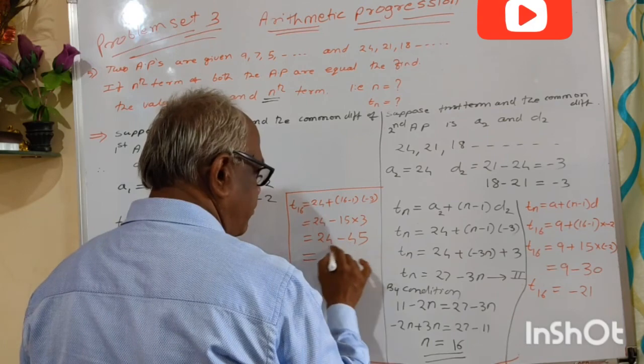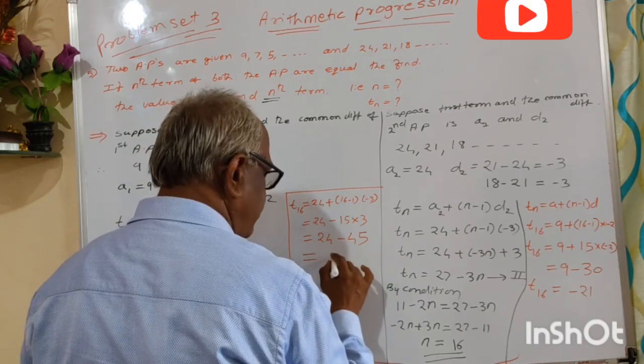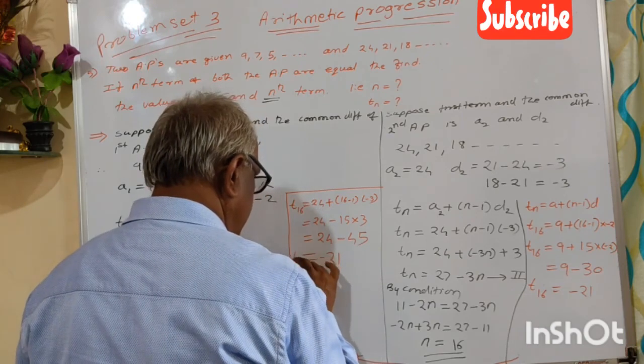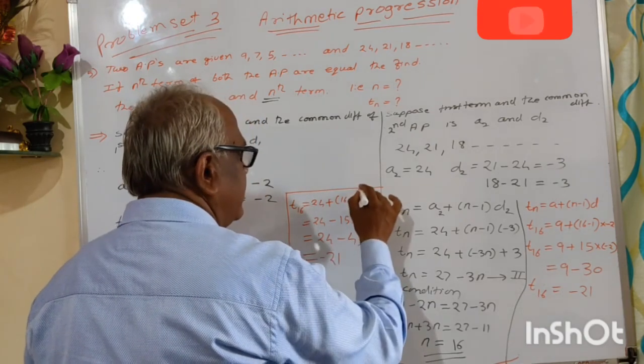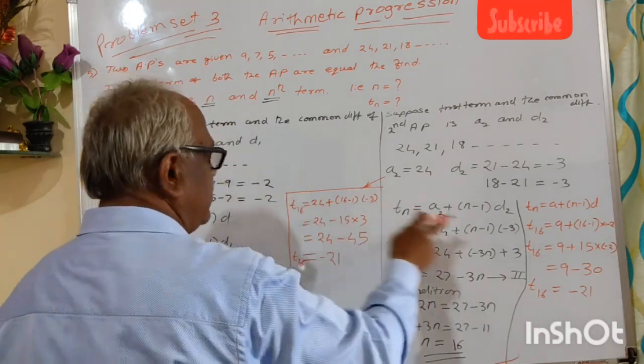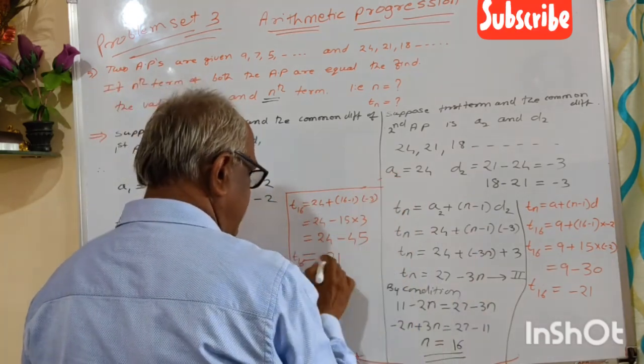Now from 45, if you subtract this 24, you will get minus 21. Either you solve by taking this or by this, you will get the same answer.